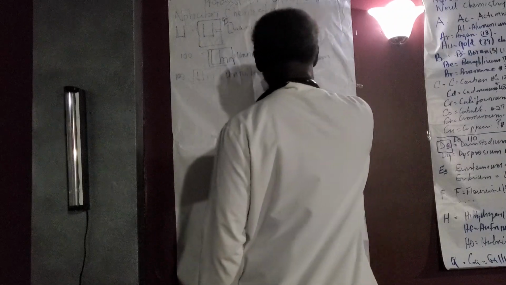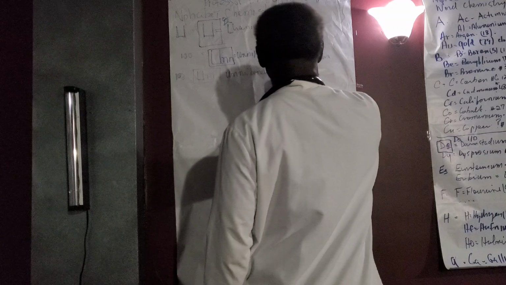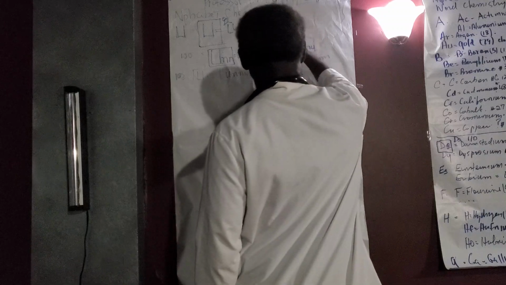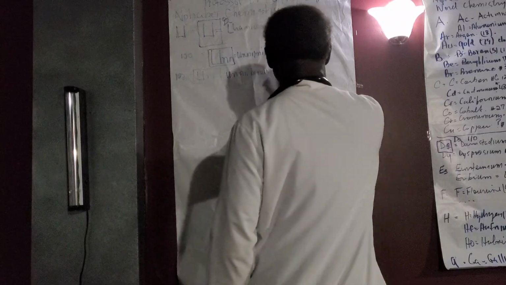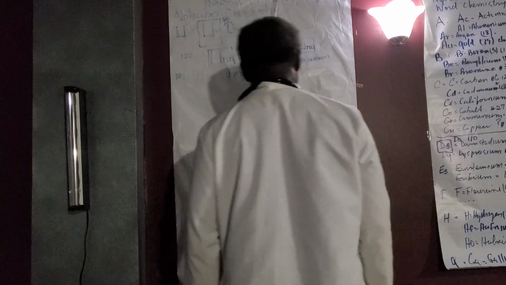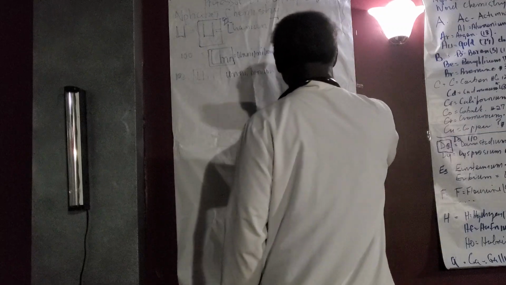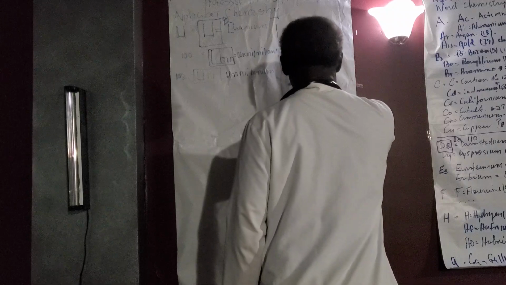For 103, over here we would have unnilnilium tritium or trinium. So that will be U, nil, T.